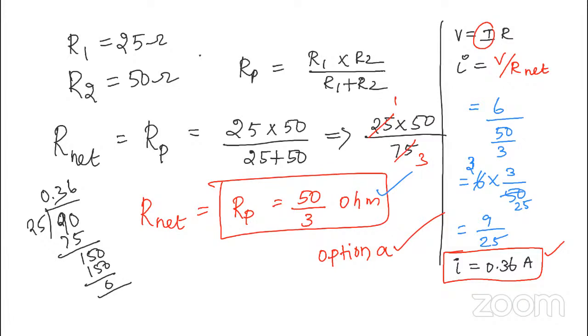Yes. Okay, thank you. Next. So this is a very, very important problem. So we can expect a similar problem from this area. That is the Wheatstone Bridge, we can expect at least one sum. So every year they are asking a question related to the Wheatstone Bridge.